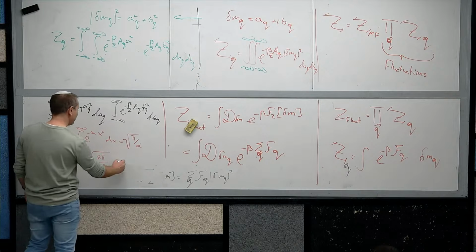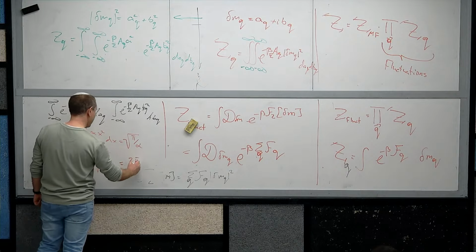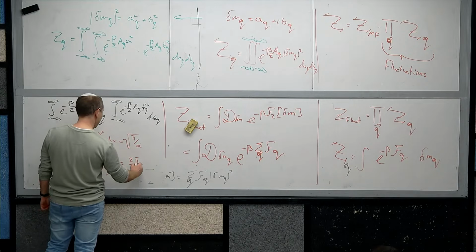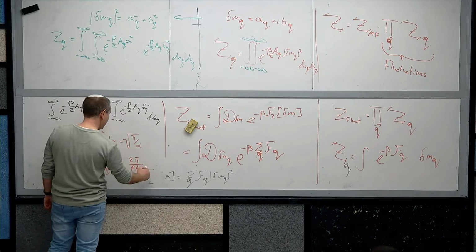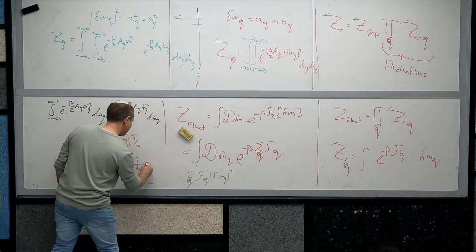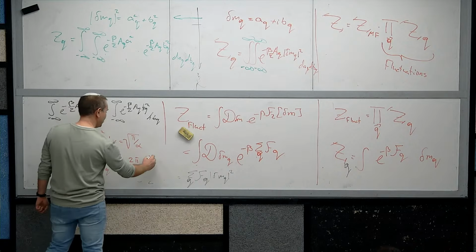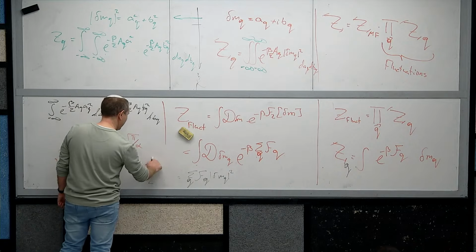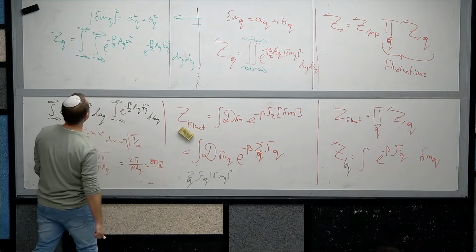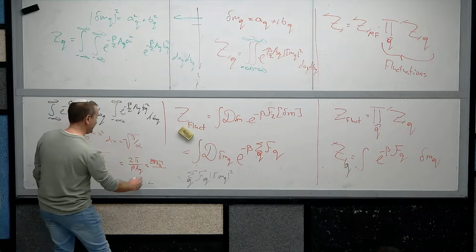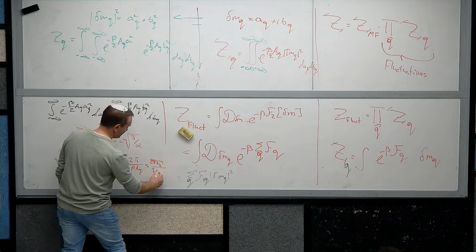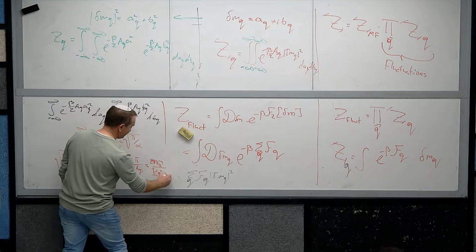So in general we obtain 2 pi over beta A_Q, which is 2 pi k Boltzmann T divided by A_Q, and A_Q is kappa Q squared plus M effective squared.